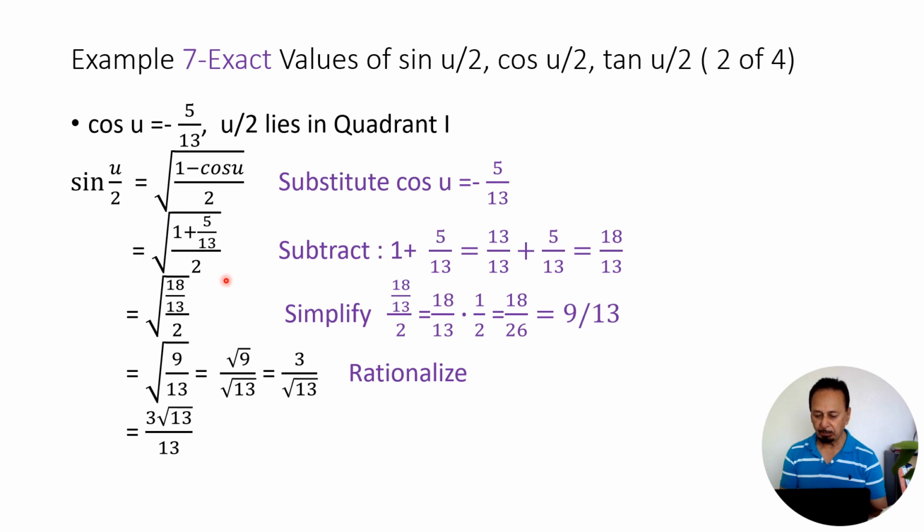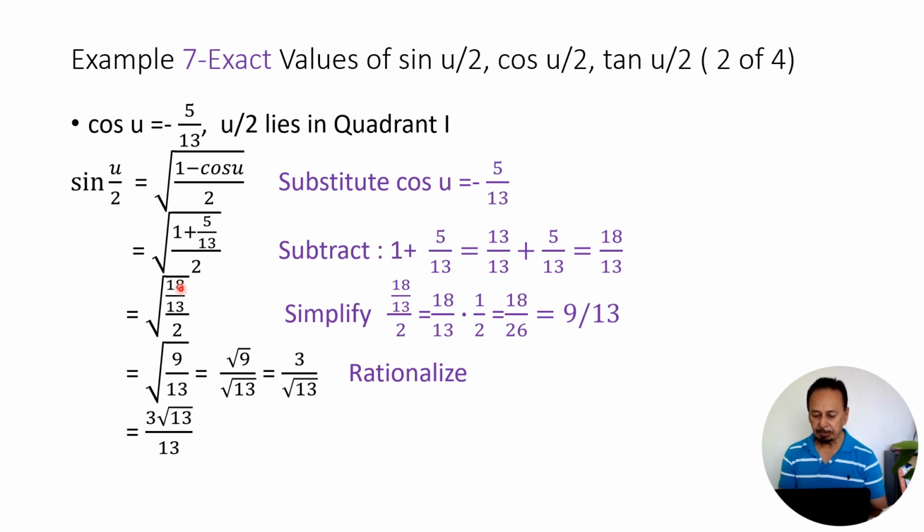So we have now square root of 18 over 13 divided by 2. Now we simplify, we write 18 over 13 times the reciprocal of 2, which is 1/2. So it will be 18 times 1 is 18, 13 times 2 is 26, and we can divide 18 by 2 and 26 by 2, so you have 9 over 13.